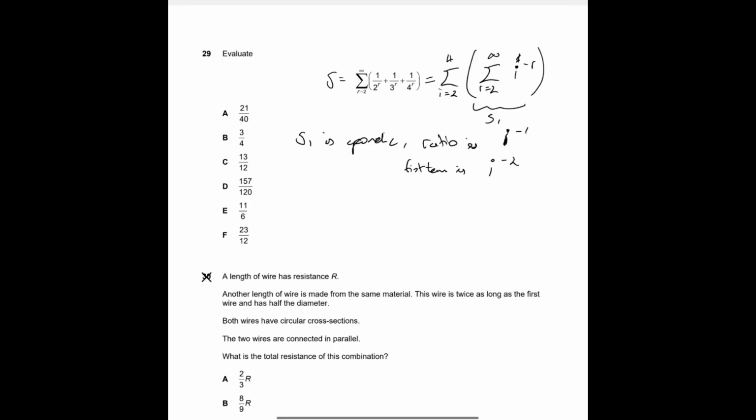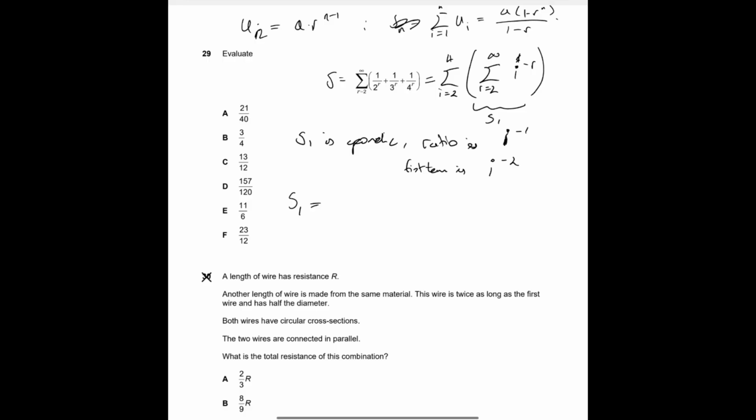So what that means is that the sum to infinity, S1, is going to be, remember that if we've got a geometric sequence like this, the sum to n terms is going to be a times 1 minus r to the power of n over 1 minus r.